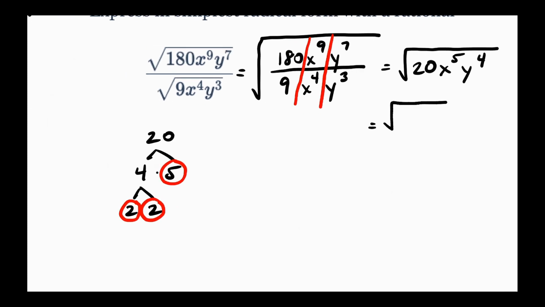So I have 2 times 2 times 5. Then I have x to the 5th and y to the 4th. Now I can circle doubles on this one.